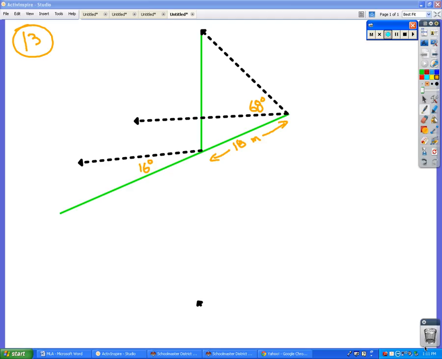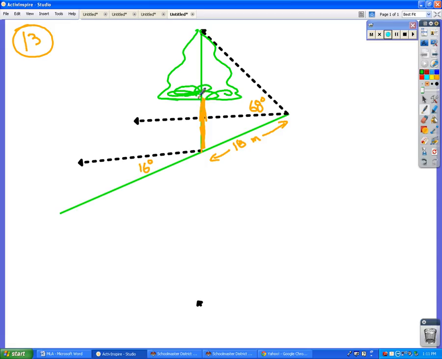Okay, so number 13. I didn't make the pretty picture like they have in the book. I didn't bother to draw this out as a tree, but this is a pretty tree. And that's the tree trunk there, so that should be brown. But whatever. The tree is growing on the hillside, and we know a few things.